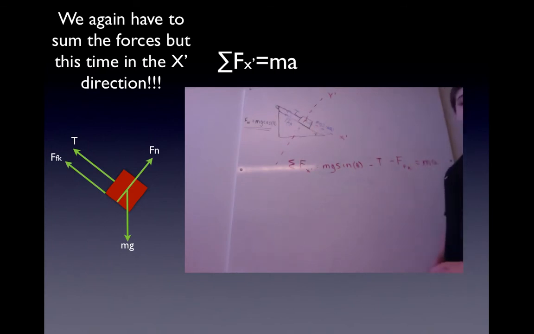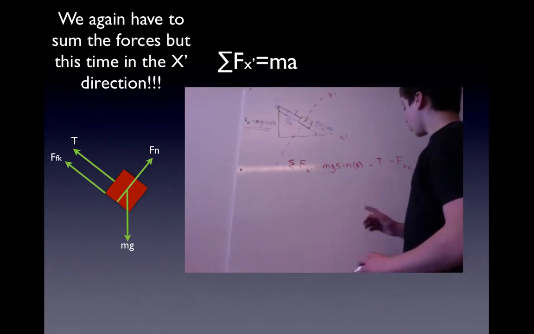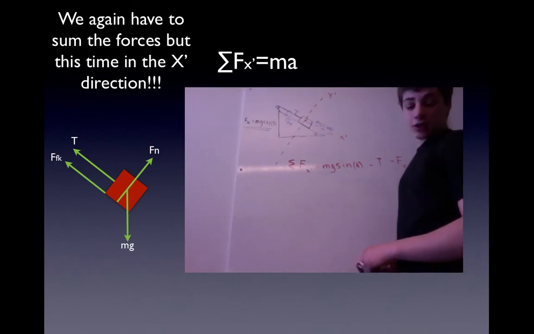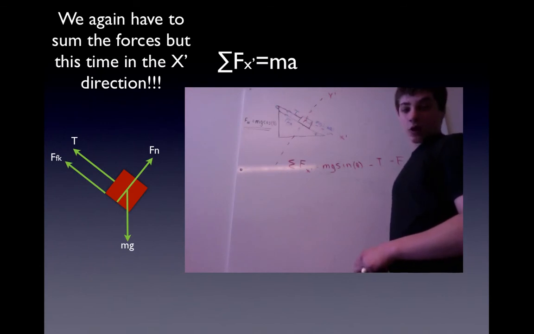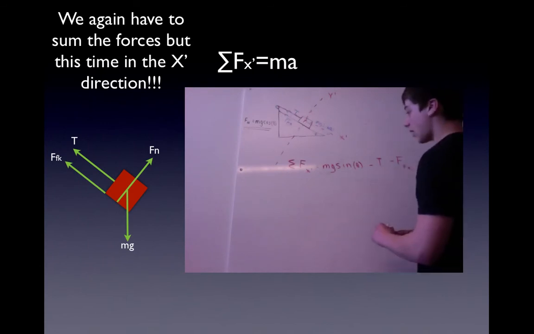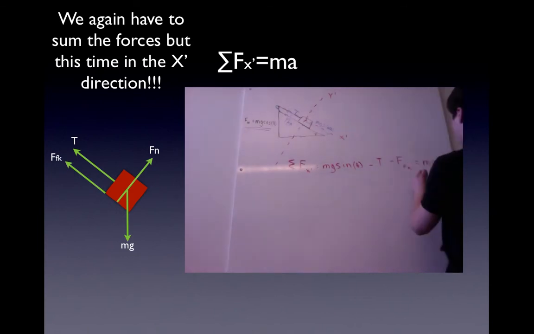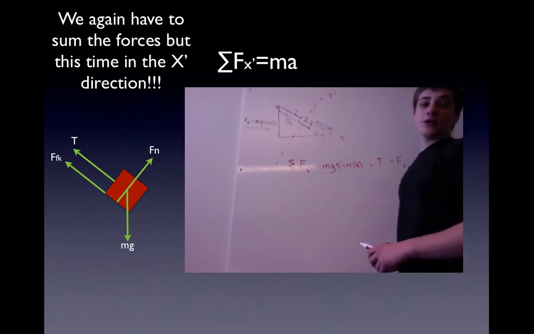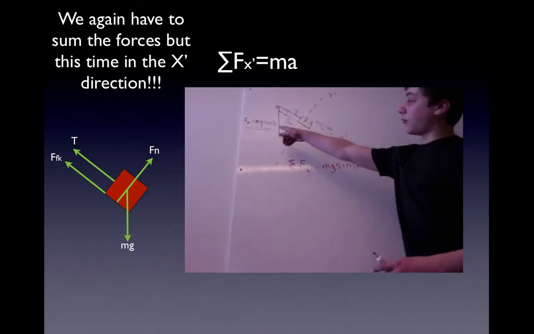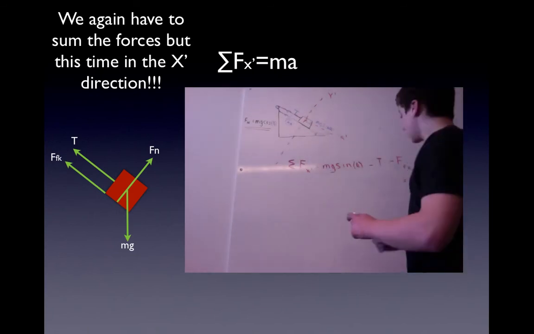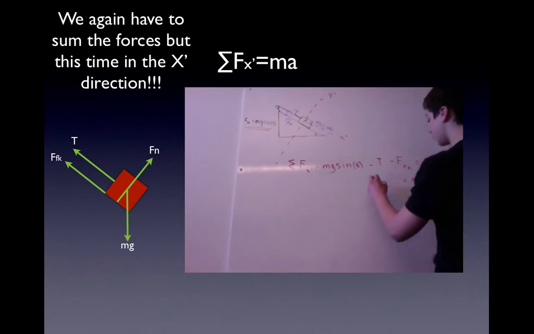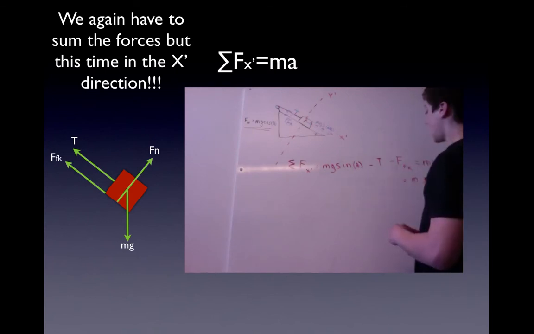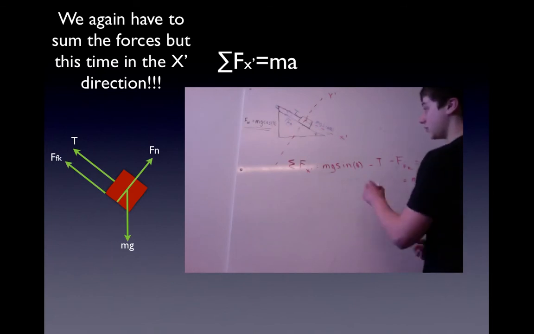Our next step is to start simplifying that equation. We had previously solved tension to be IA over R squared, so we're going to plug that in. Starting with the force of kinetic friction, we know that simplifies to mu k Fn, and we had solved for Fn in the previous video. So the force of kinetic friction simplifies to mu k times mg cosine theta.